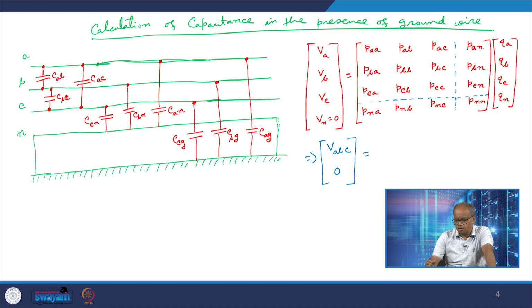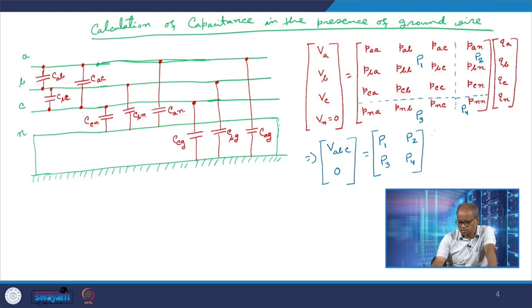We call this the P1 matrix, we call this the P2 matrix or vector, we call this P3, and we call this P4. So P1, P2, P3, P4. Of course, P4 is equal to PNN. This is equal to QABC and QN.